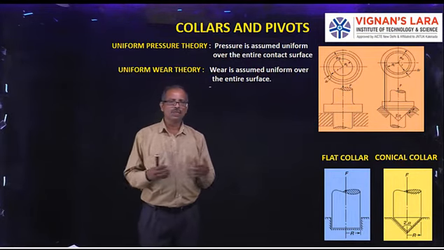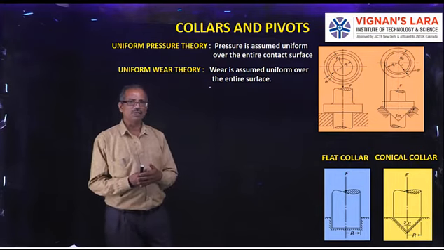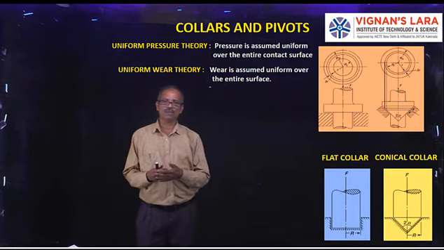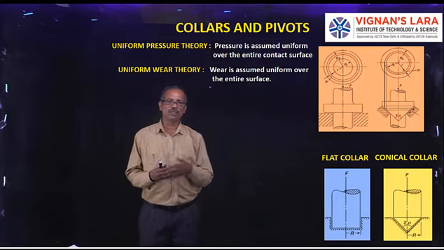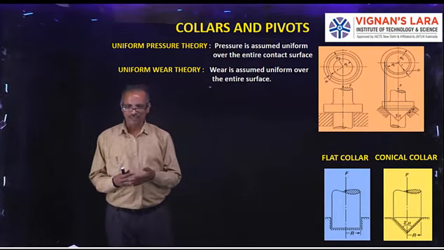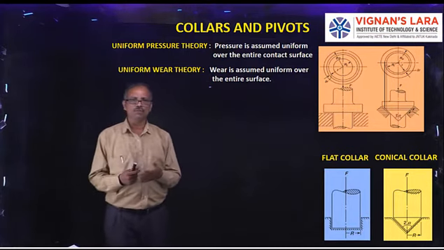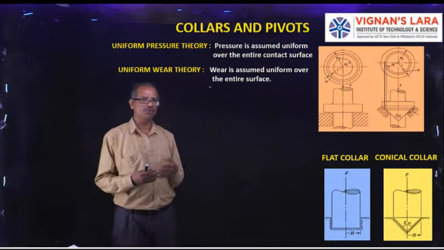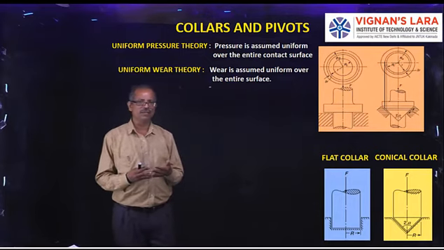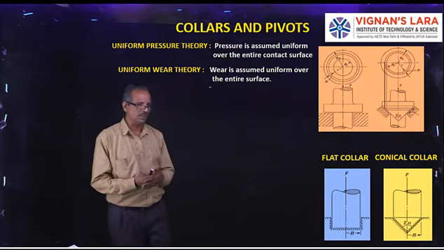Now let us see what are the theories that are applicable for these collars and pivots, and how we can find out the frictional power or frictional torque that can be transmitted or that can be lost by a collar as well as a pivot. Now there are two theories, one is uniform pressure theory and another one is uniform wear theory. What is uniform pressure theory? What is uniform wear theory? First let me explain, then we will go for the corresponding necessary equations.